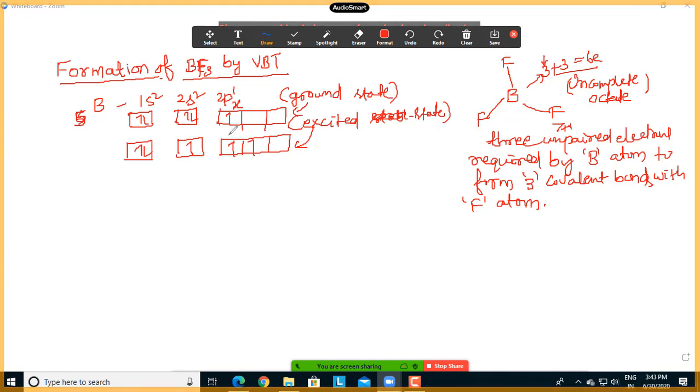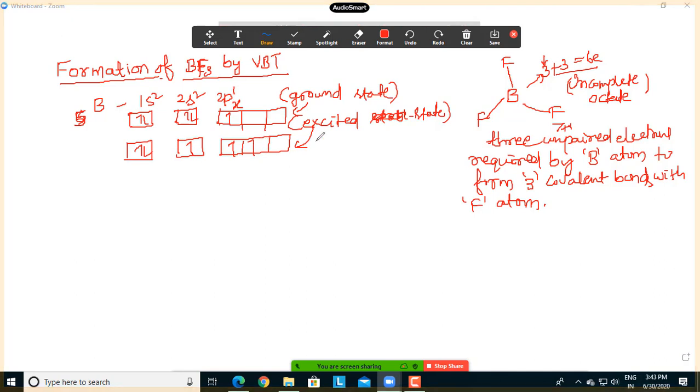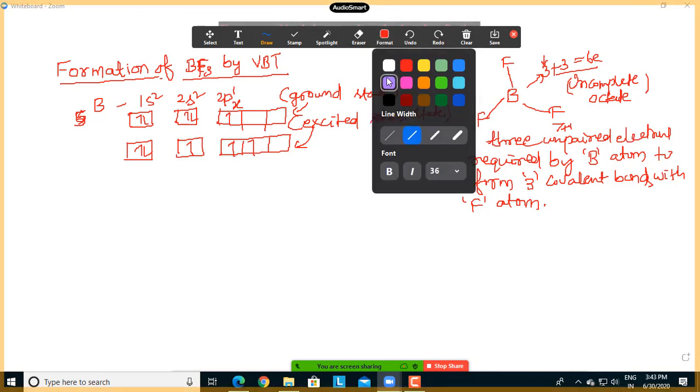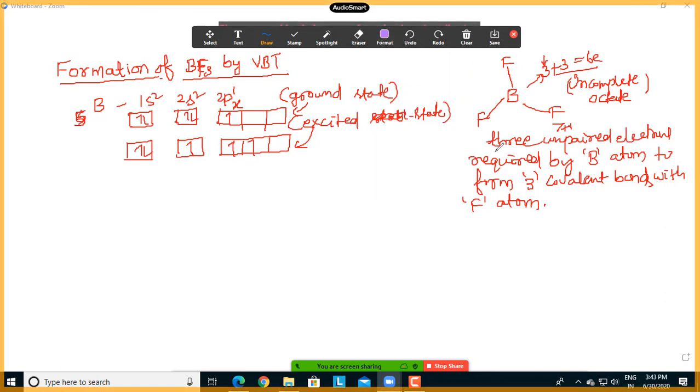So 3 unpaired electrons are there. So due to 3 unpaired electrons, boron can form 3 bonds with fluorine. So 3 unpaired electrons requirement is fulfilled. Now it can form covalent bond with fluorine.